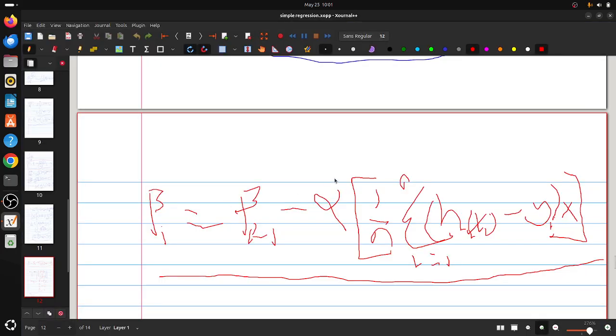Welcome back to our discussions of introduction to machine learning, and we are going to pick it up from where we stopped last time, where we are finding the values of beta, or the model parameters, which will give us the minimized cost function.